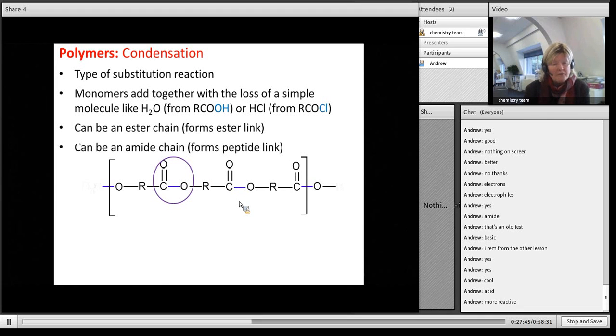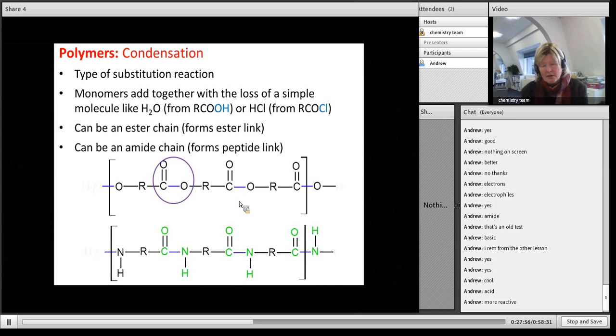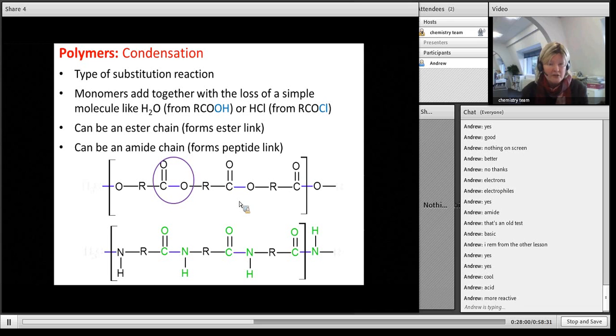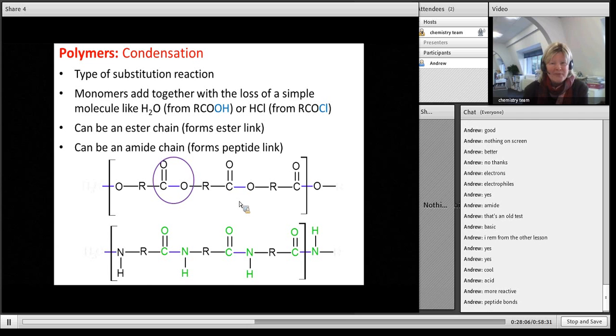This is used very much in your proteins, your DNA. In fact, a lot of your body system is based on the amide chain. So if you're going to be doing biomedical or anything in that line, you'll certainly be looking at this. Right, the peptide bonds, quite correct.